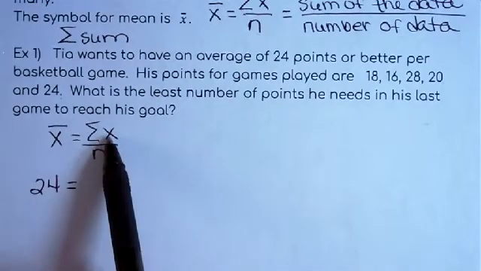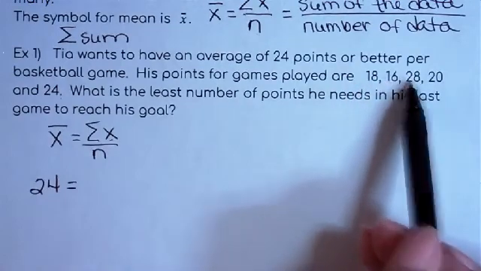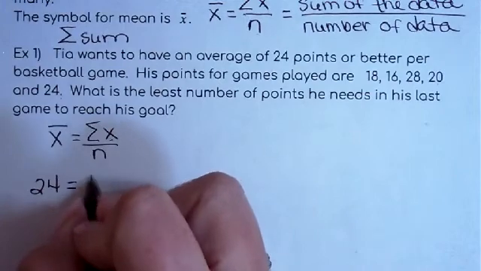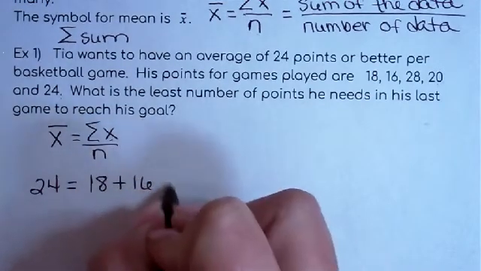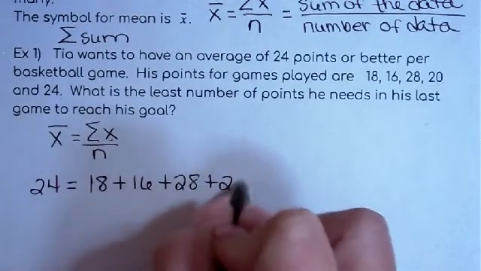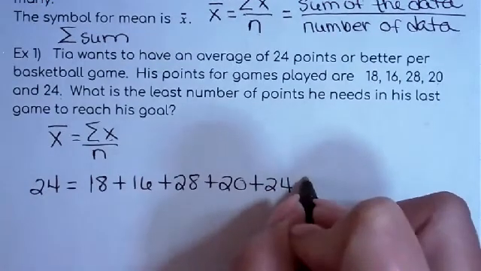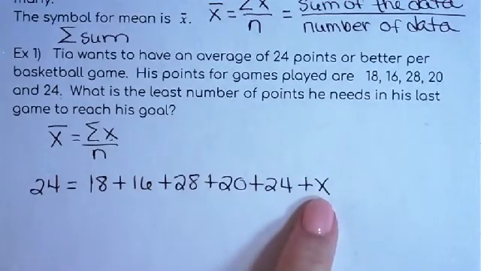Now, the sum of all the X's is the sum of all these individual points that he has earned. So it's going to be 18 plus 16 plus 28 plus 20 plus 24. And I'm going to have to add to that a plus X. The X is the points he's going to earn in that last game.